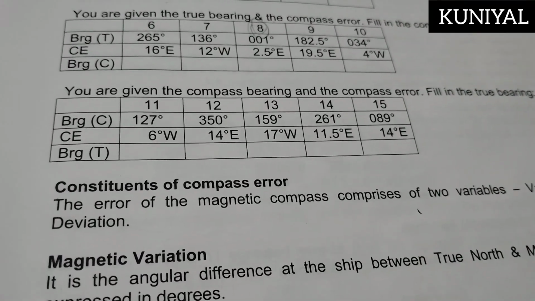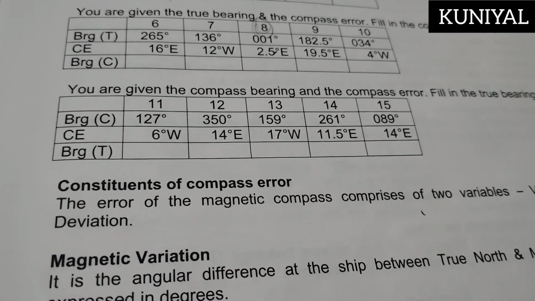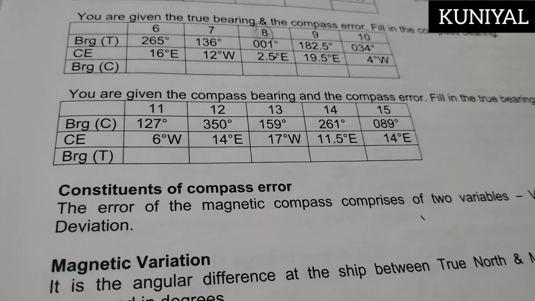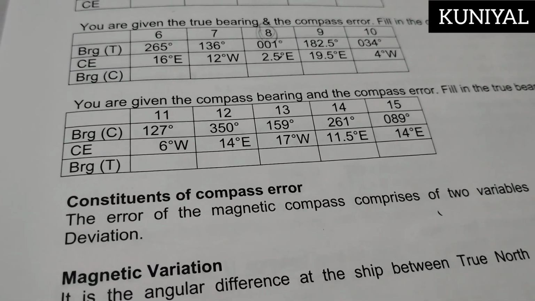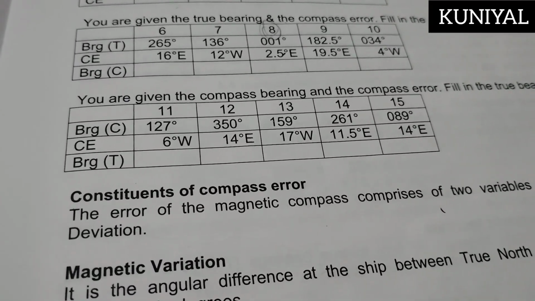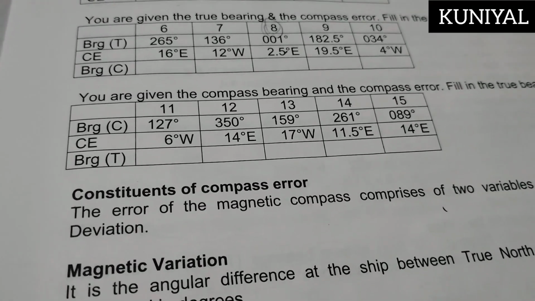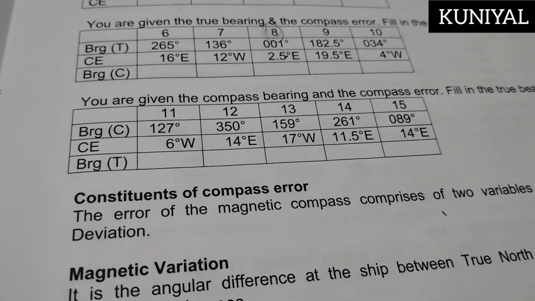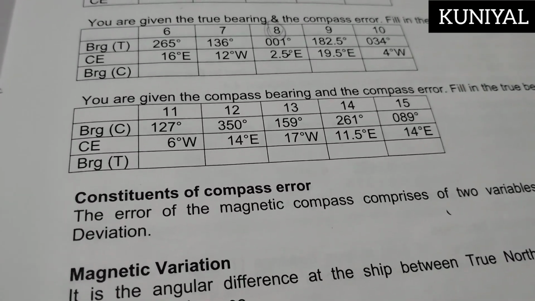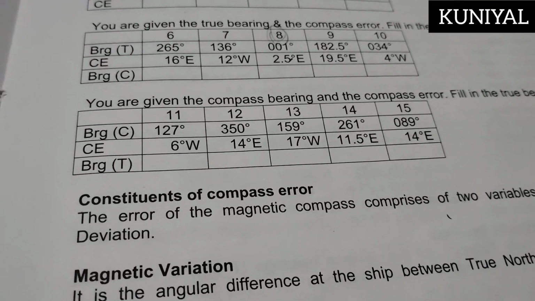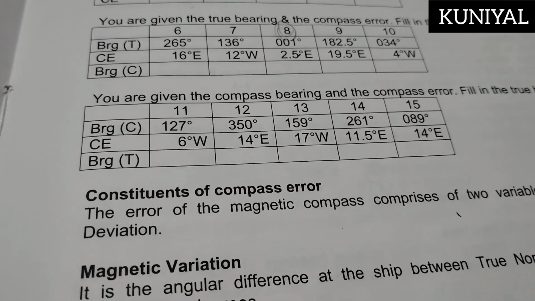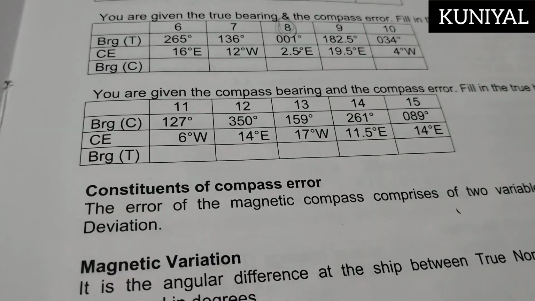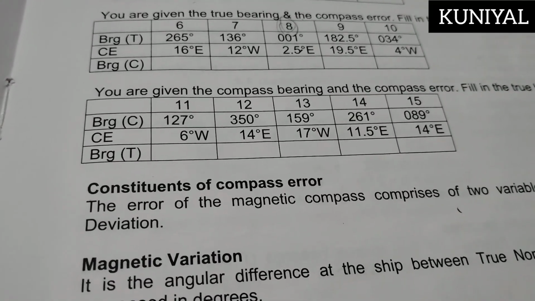In the 11th question, you are given compass bearing and compass error, and you have to find true bearing. Here the error is west. You know when error is west, compass bearing will be best, so true bearing will be less than compass bearing. So we will subtract 6 from 127 and we will get 121 degrees.